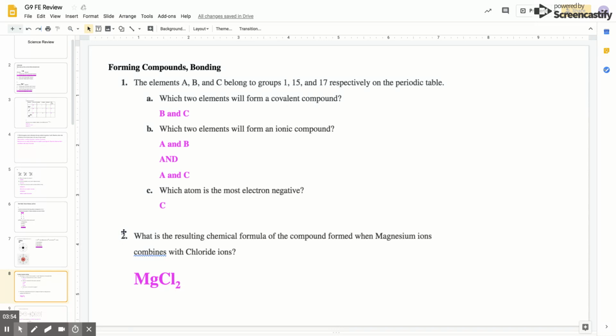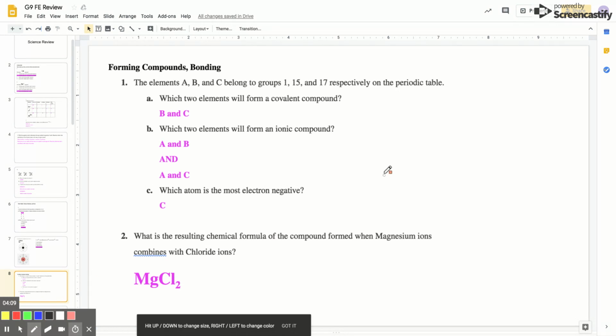Anyways, question number 2. What is the resulting chemical formula of the compound formed when magnesium ions combine with chloride ions? To answer this question, the first thing we need to know is that magnesium ion is actually Mg2+, right?